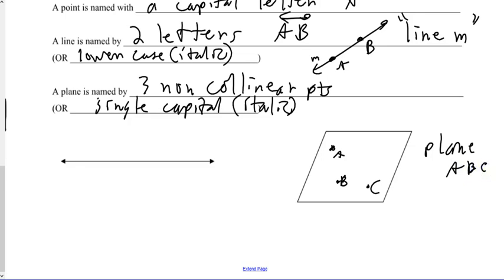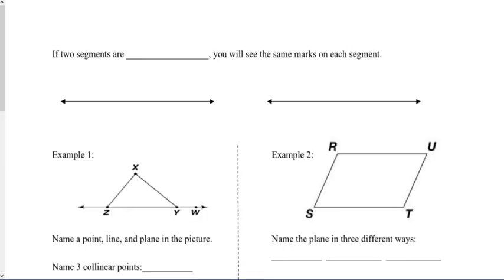Or I could just have a capital letter up here, with no dot. Okay, so there's no dot, it's just a capital Q, so I can call this plane Q. All right, so the key thing is there's no dot.